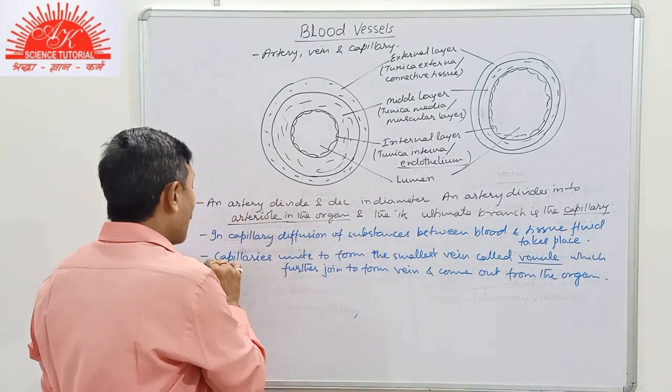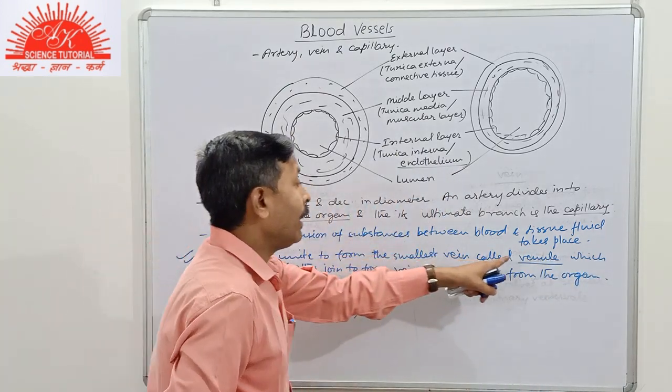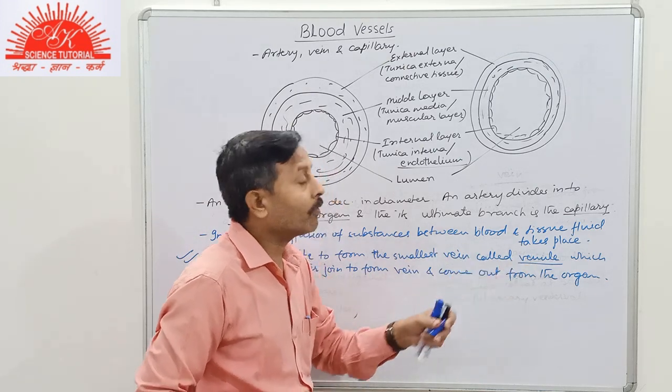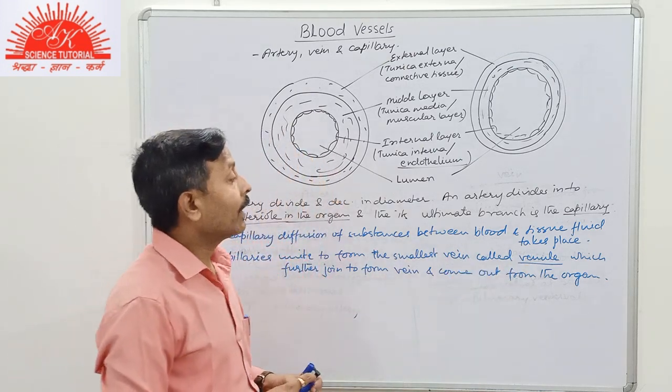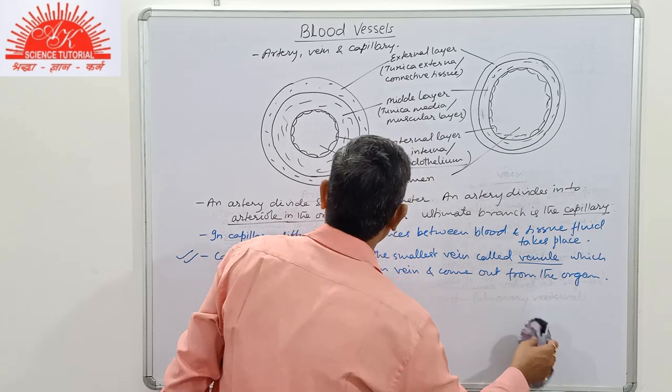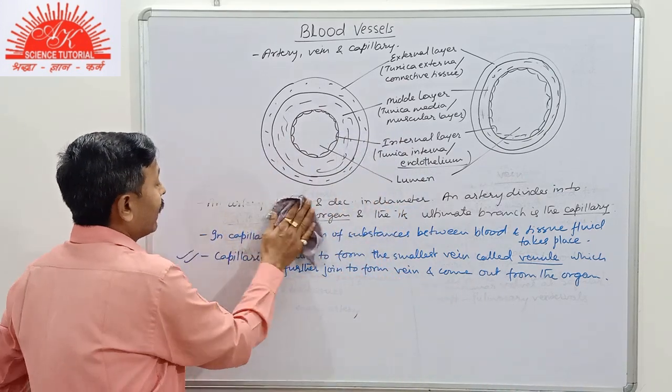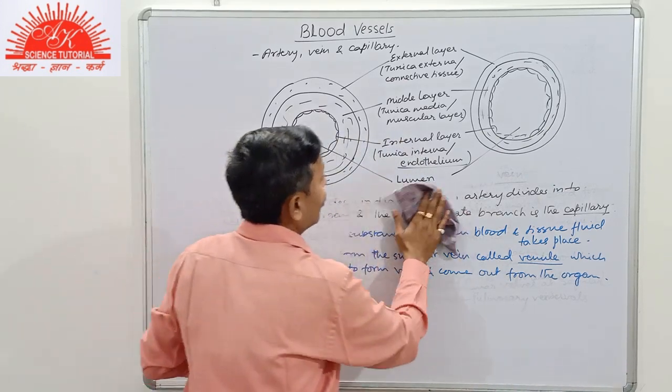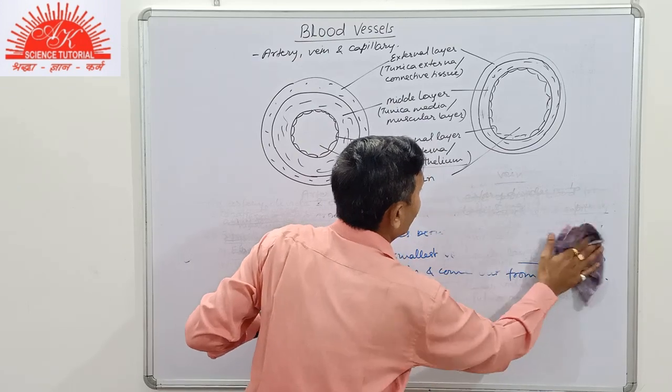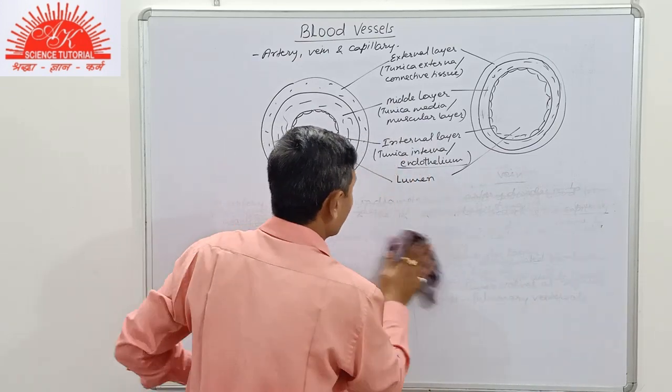So if the question is asked, name the smallest blood vessel formed by union of blood capillaries, then it is the venule. Now we will study these points in more detail.